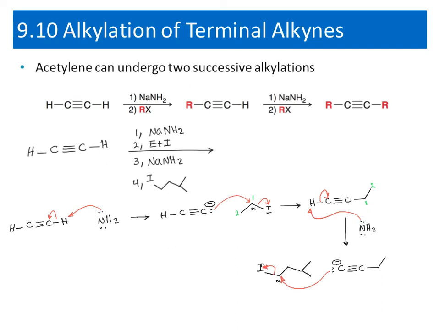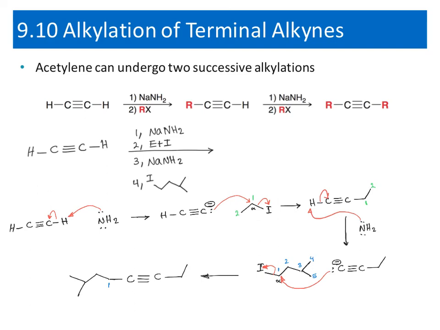The alkynide attacks the alpha carbon and kicks off the leaving group. So let's number the carbons.